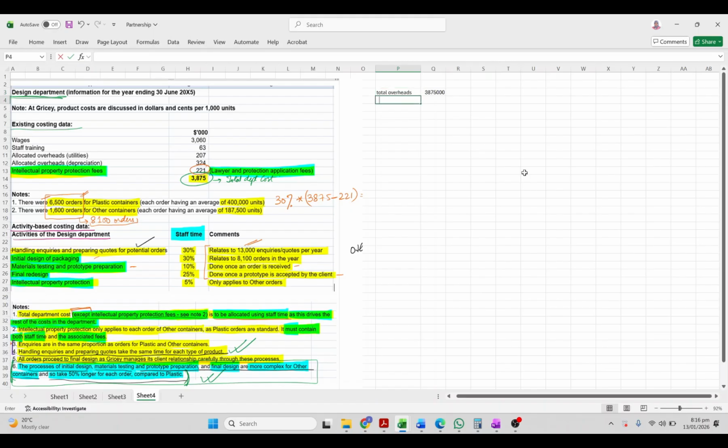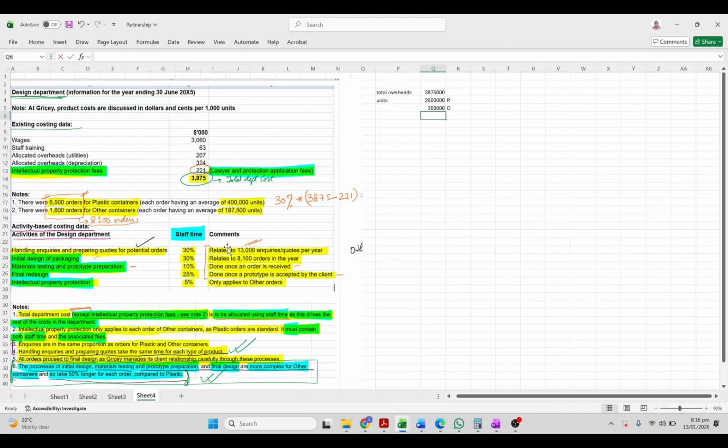Each order has 400,000 units, right? So 400 times 6,500, this is for plastic, and these are in thousands. And then the other will be 1,600 orders times 187.5.